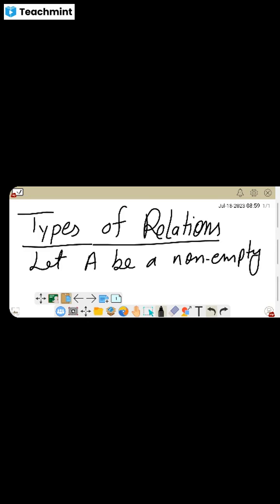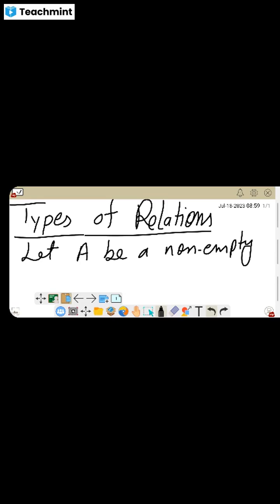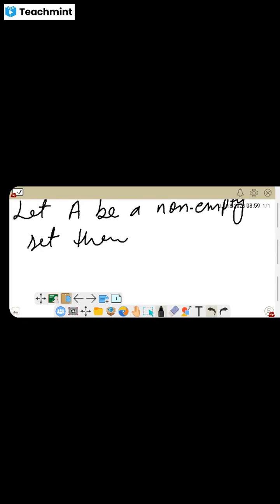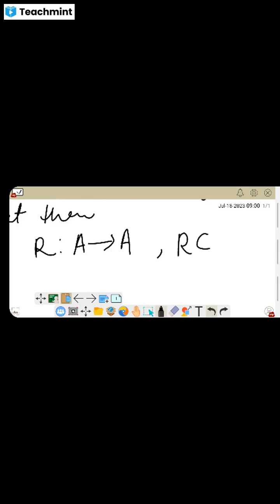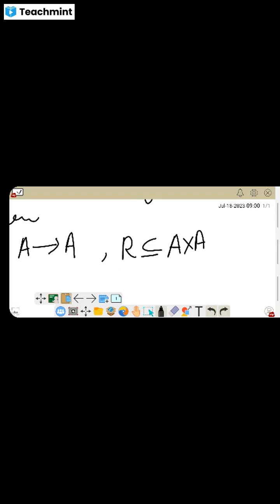We are taking only A, and we find a relation in A cross A. Then a relation from A to A, and R is a subset of A cross A. Here we are taking only a single set, and we define the relation as a subset of A cross A. So now let us understand types of relation.